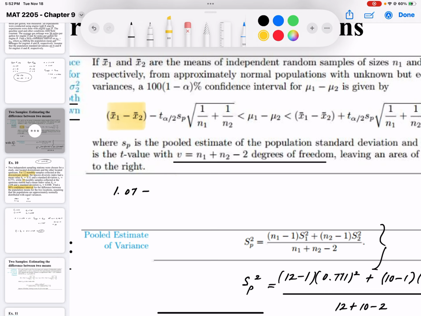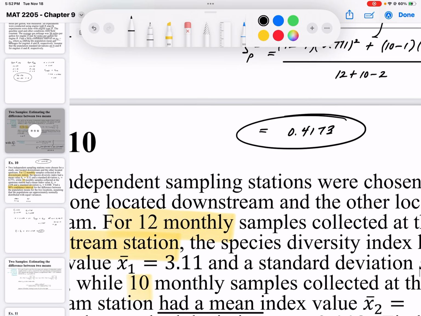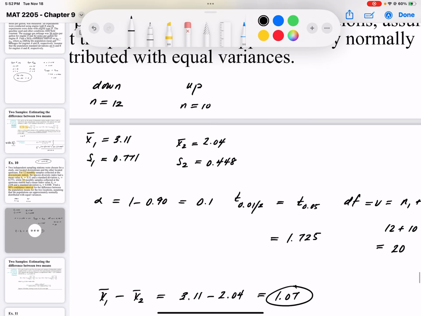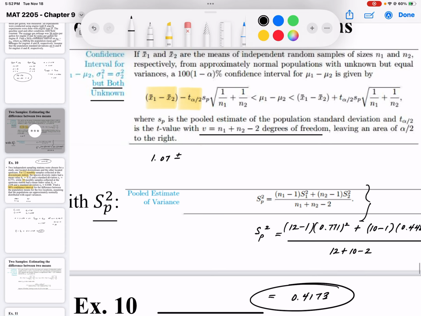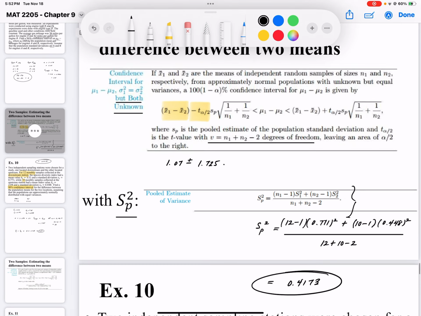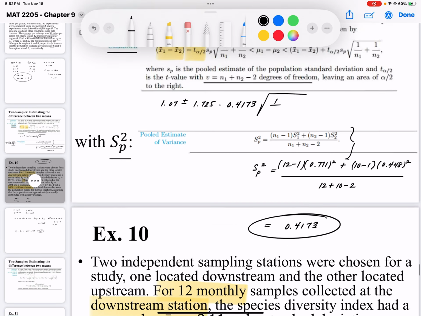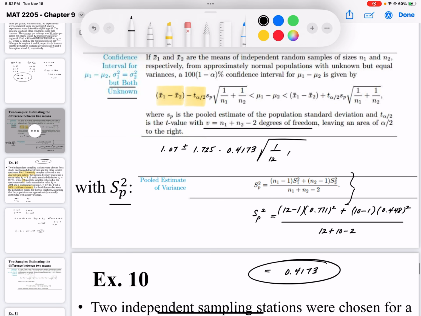The t sub alpha value we found a second ago, 1.725. Our pooled statistic, 0.4173. And that is multiplied by the square root of 1 over our n1, 12, plus 1 over our n2, 10.